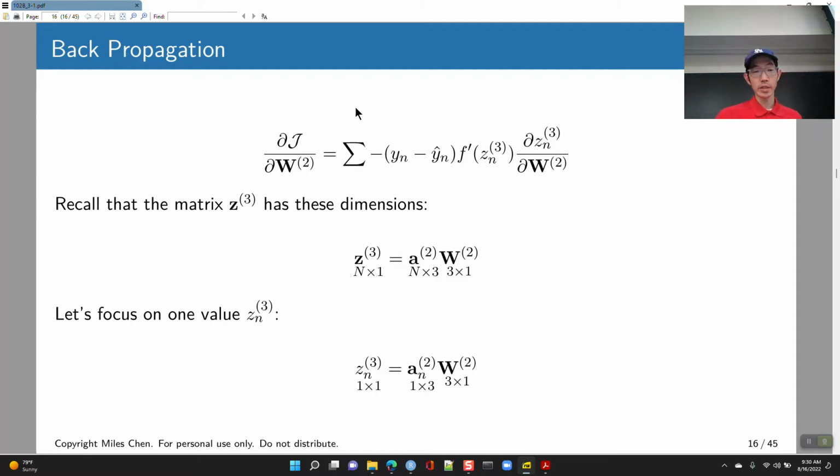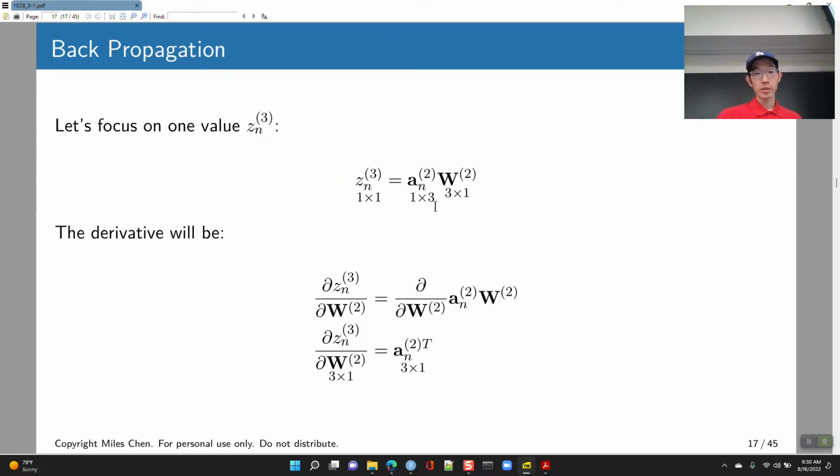Effectively, at the end we're going to sum everything up, but here we're just going to look at one of these rows. So if we look at just one value here and ask how this changes, this is a scalar, and it's the product of two matrices multiplied together.